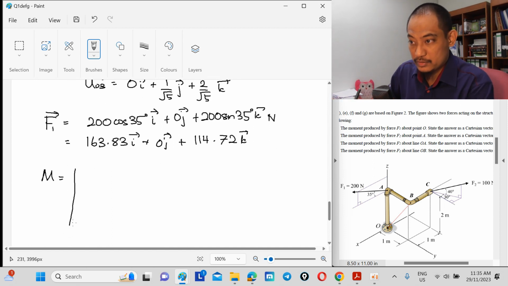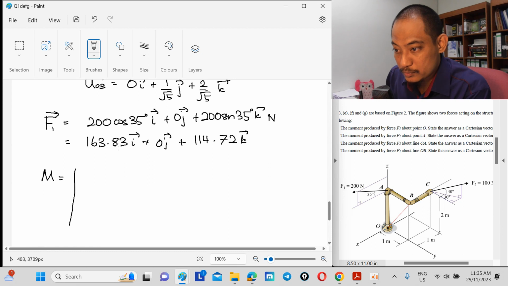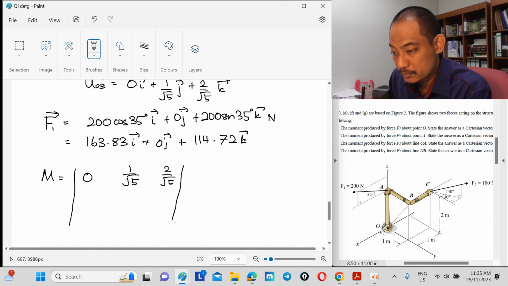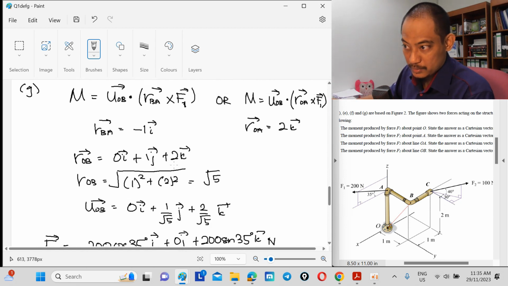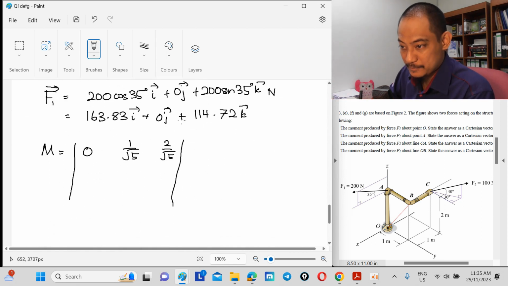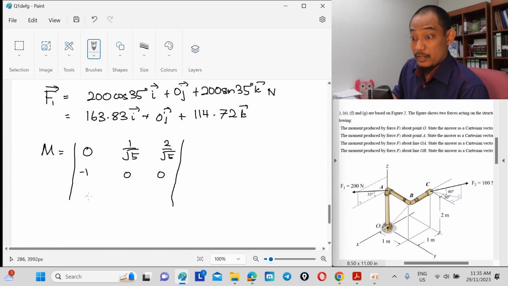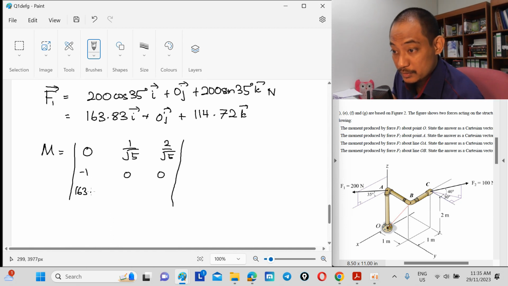The unit vector is 0, 0, 1 over square root of 5, 2 over square root of 5. R, in this case, is minus i, so minus 1. F is 163.83, 0, 114.72.